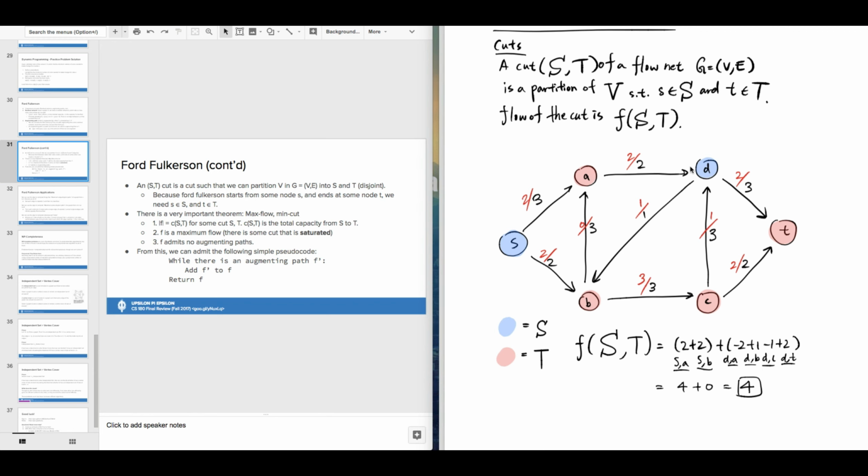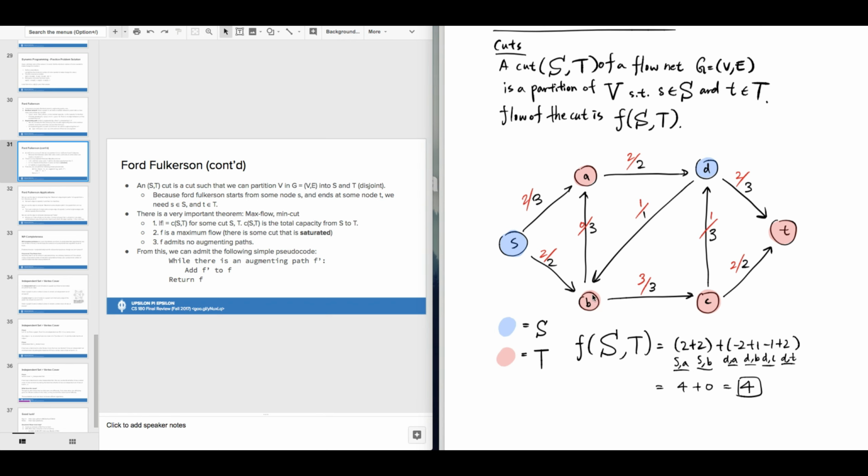For example, A to D is -2, as denoted by this -2 over here. As you can see here, D to B is a source to the destination.